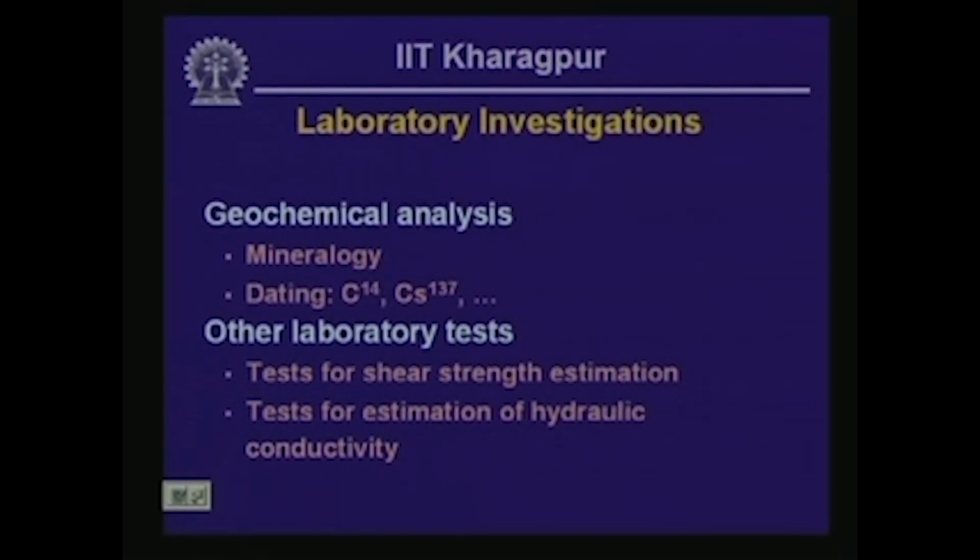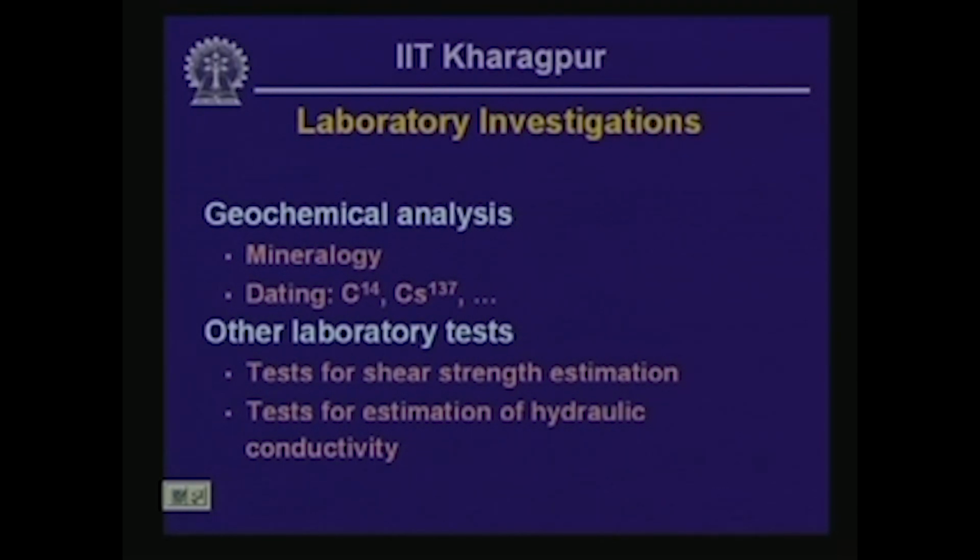These include tests for shear strength estimation or for the estimation of hydraulic conductivity of a particular deposit, but these things typically are within the realm of engineers, geotechnical or geological engineers, and not very commonly used in geologic mapping.